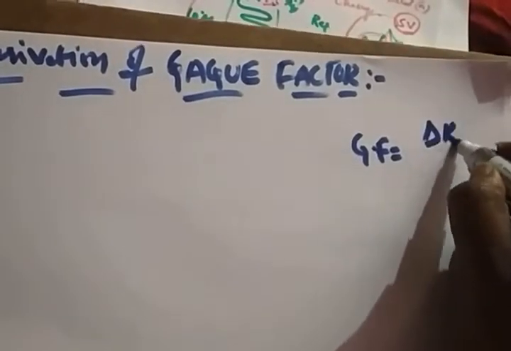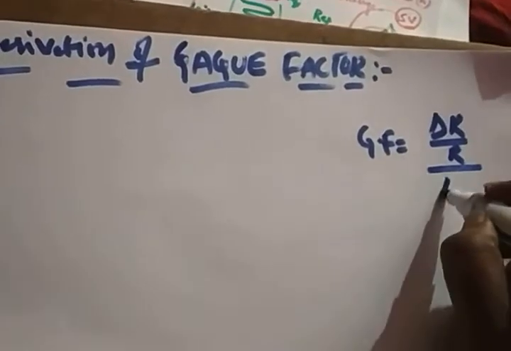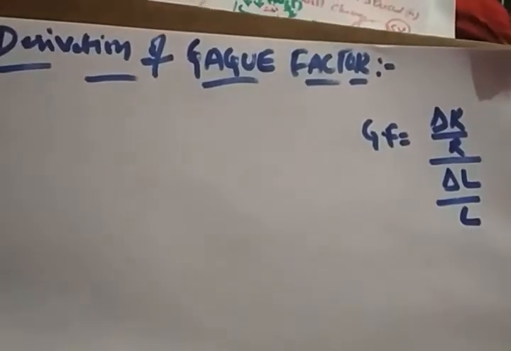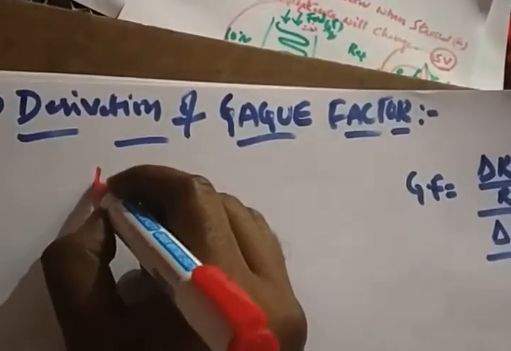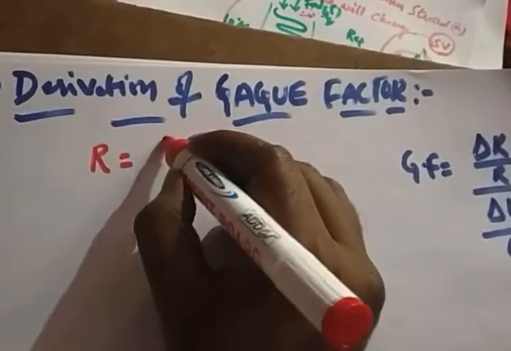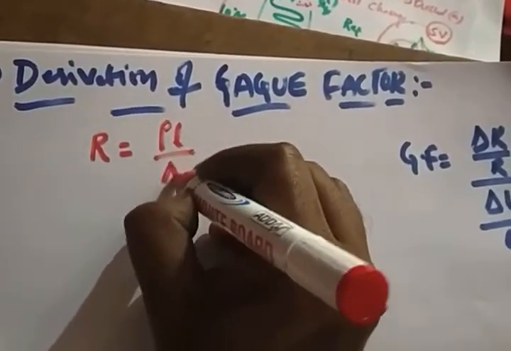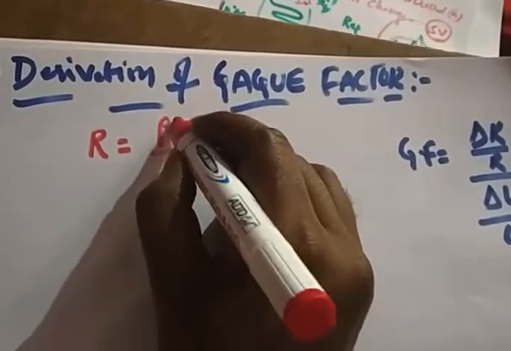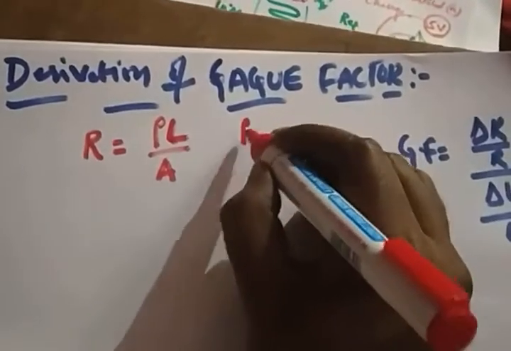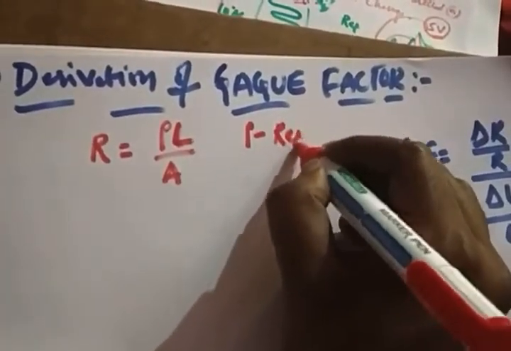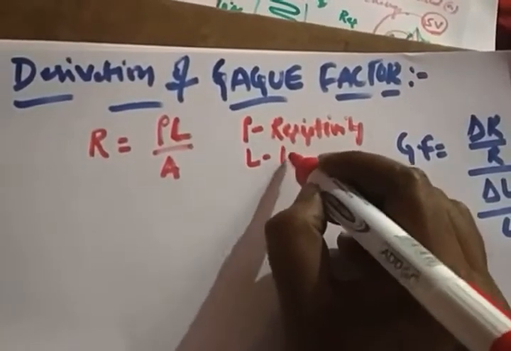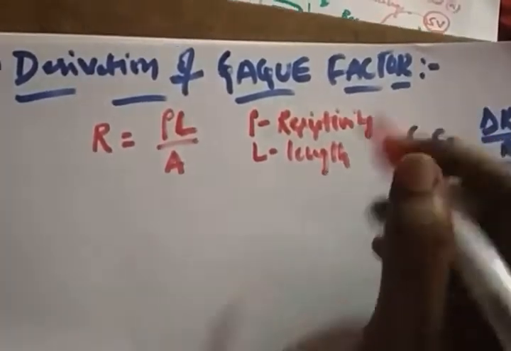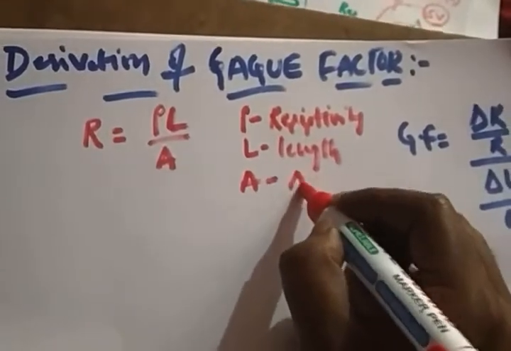Delta R by R over delta L by L. First you have to know what the R value is: R equals rho L by A. Rho is nothing but resistivity, L is nothing but length, and A is nothing but the cross-sectional area.